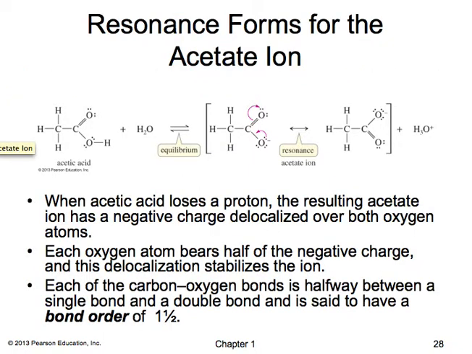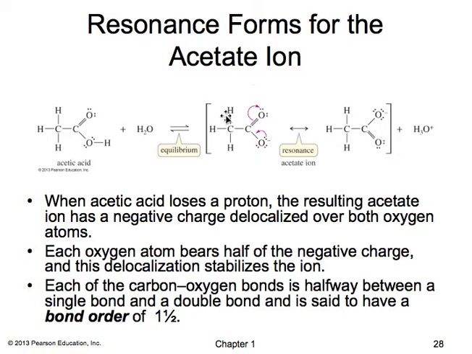Now, if we look at the resonance form of acetate ions, acetate ions are formed when acetic acid is in water. It's under equilibrium, so this is a different type of arrow. You see half the arrow going one way and the other way. This is called an equilibrium arrow. And now when they form acetate, there's not one form but two resonance forms. So again, the resonance structures are shown with brackets and the double-headed arrow.